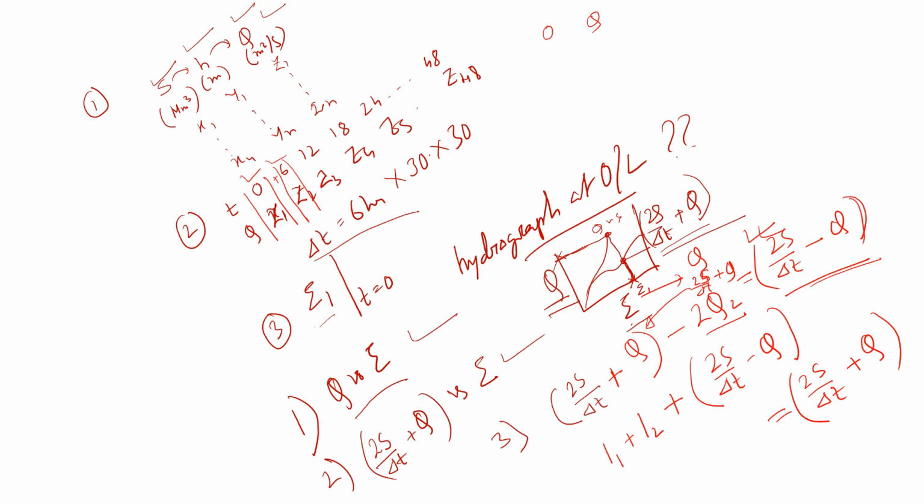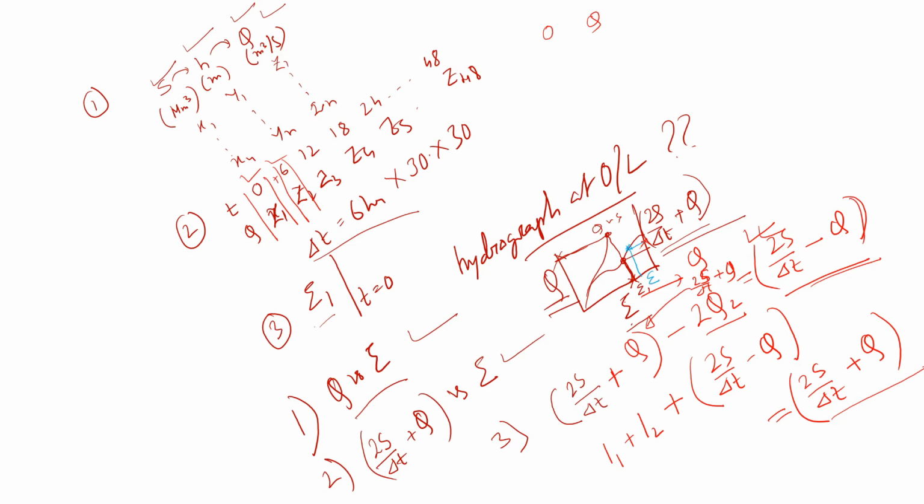Now, as you have got this 2S by del T plus Q, from this graph again, you see what will happen. Suppose this one is the 2S by del T plus Q. Drop a perpendicular onto the curve and then to the x-axis, that is elevation.